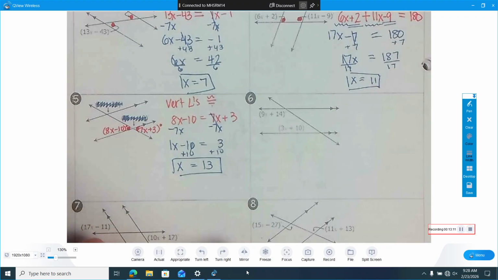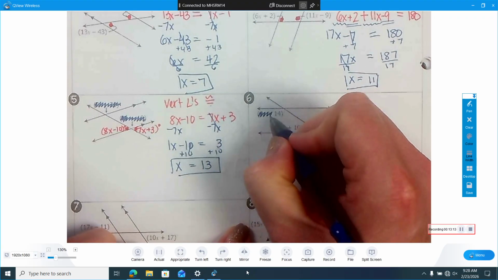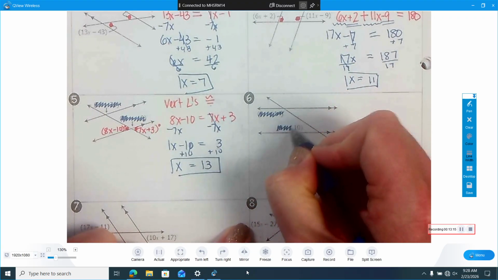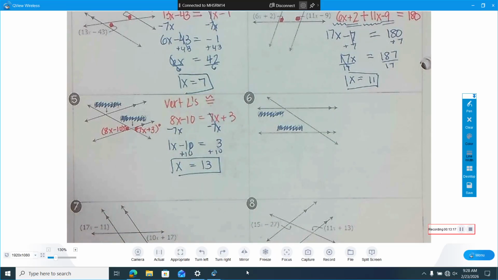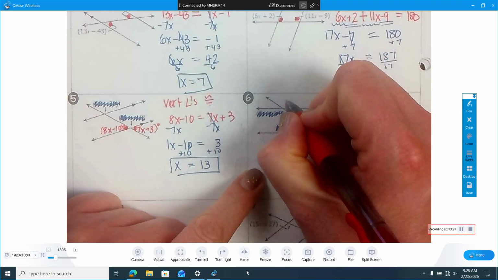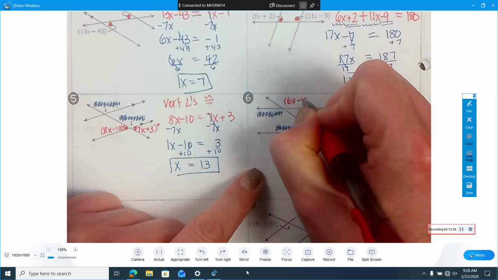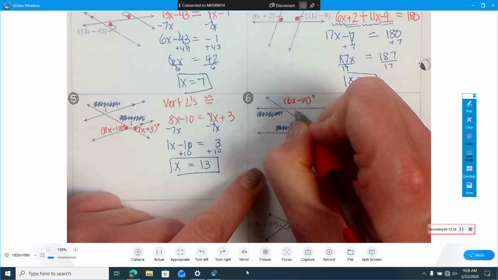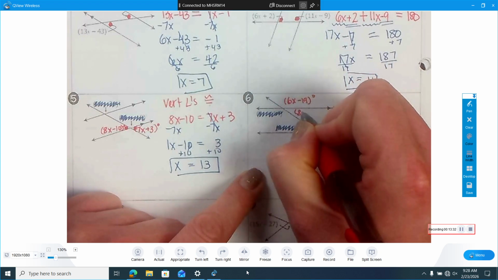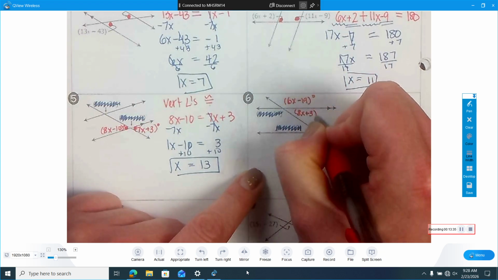Okay. Again, number 6, I think we'll just do one more here. So again, cross out what's there, and we're going to pretend that they gave us, right here, this angle is 6x minus 19 degrees, and up here is 8x plus 3 degrees.